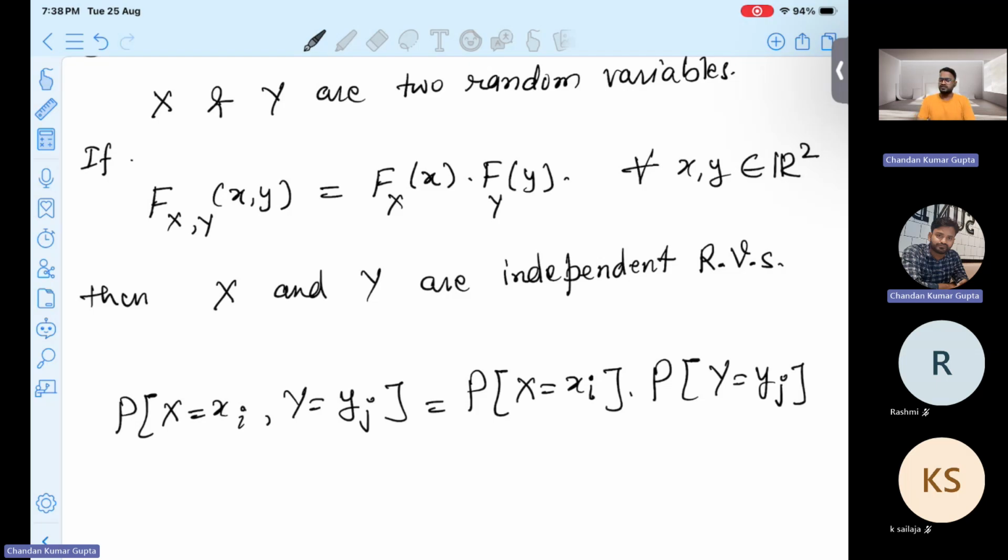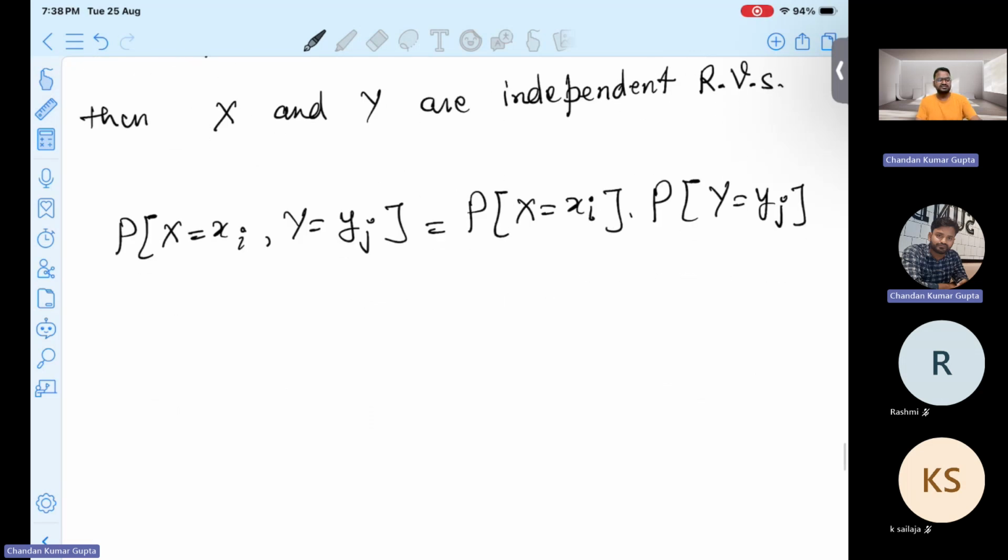So you can see that if these are independent, then you are able to construct the joint distribution function from their marginals. But if they are not independent, then you are not able to construct the joint with the help of the marginals only.